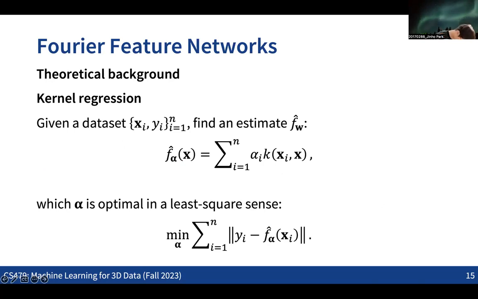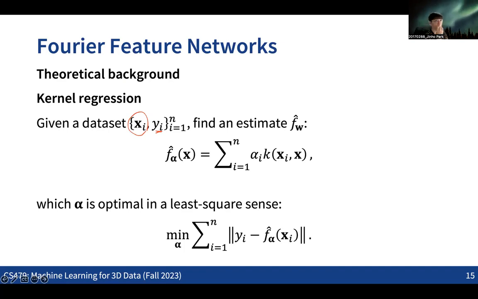So let's think about the setup of kernel regression like this. Given pairs of input and output data, here x_i is the input to the function, and y_i is the desired output for each input x_i.